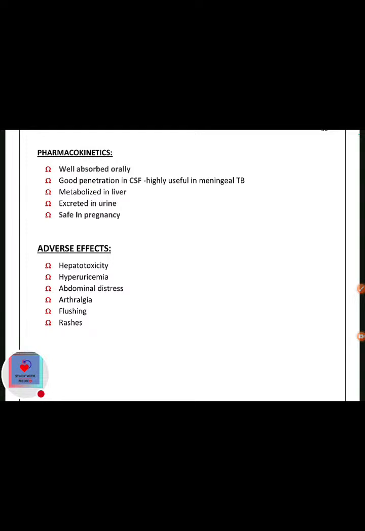So pre-existing liver problems, gout. Gout is hyperuricemia. So the kidney's ability to excrete uric acid is reduced, causing high uric acid.